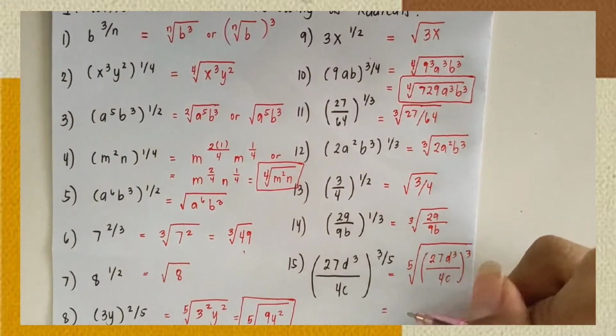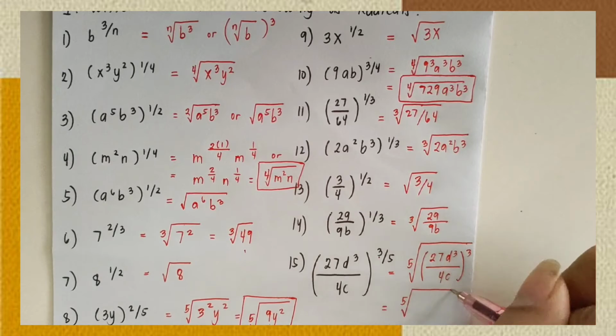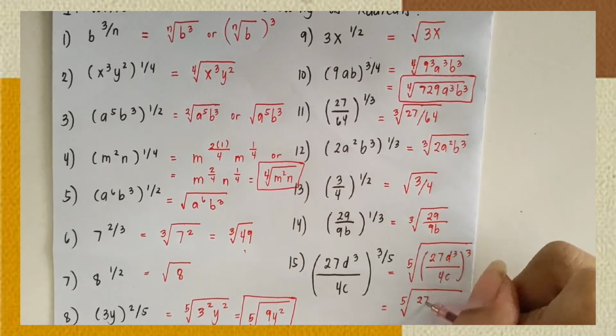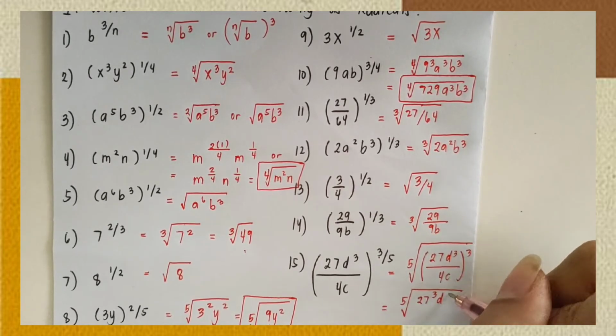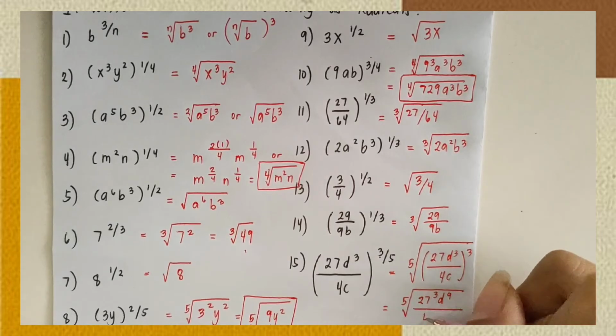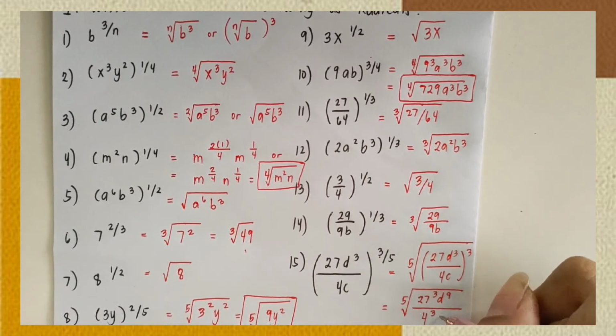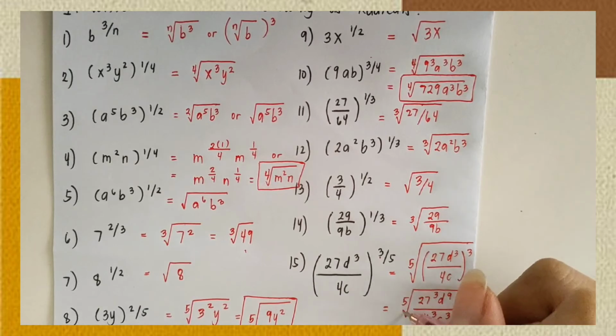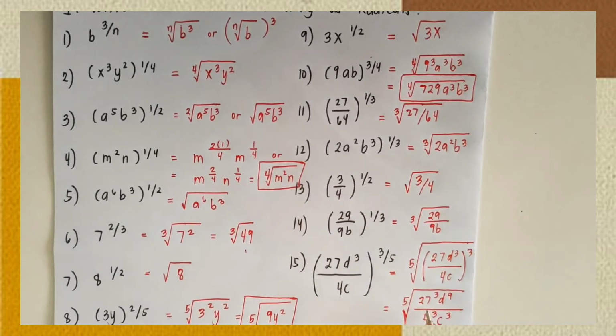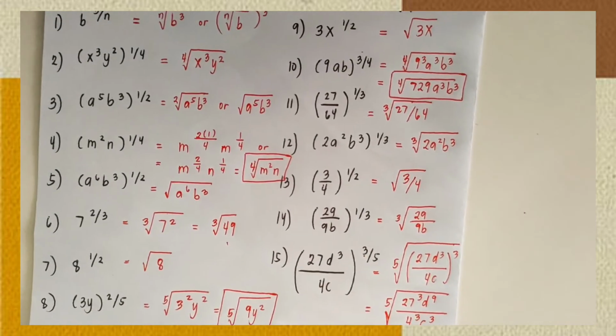If you distribute, that will give you 27 cubed d raised to 9 over 4 cubed and then c cubed. Then you can just simplify 27 cubed and 4 cubed later on.